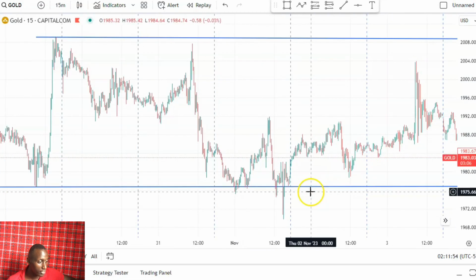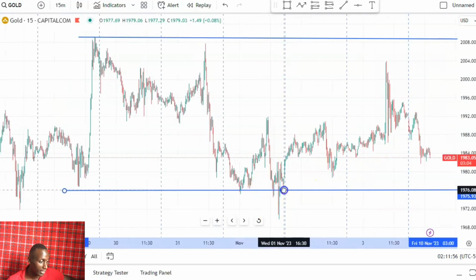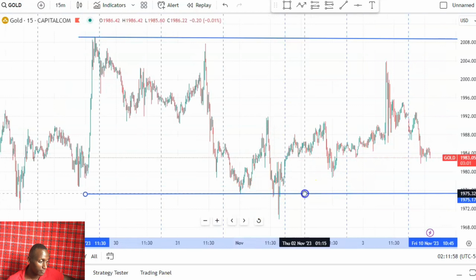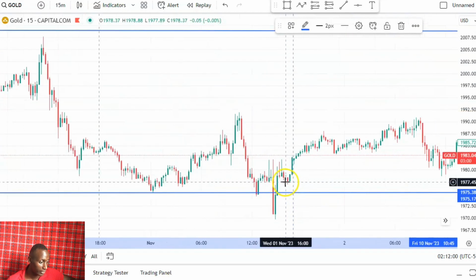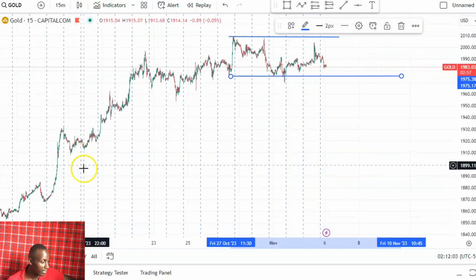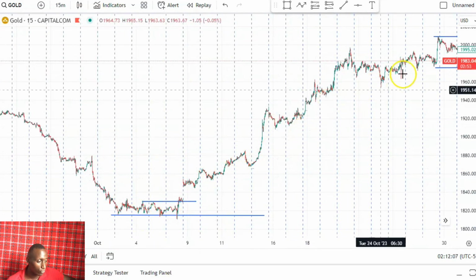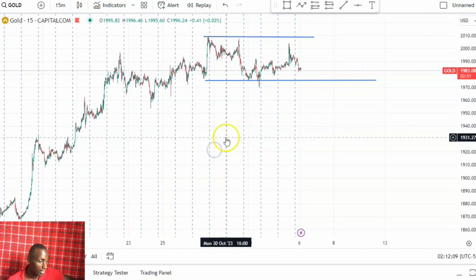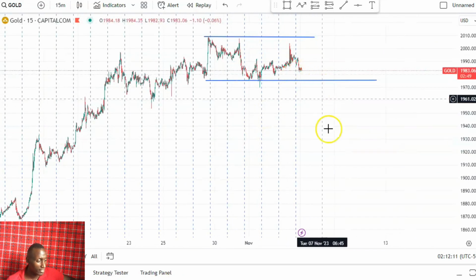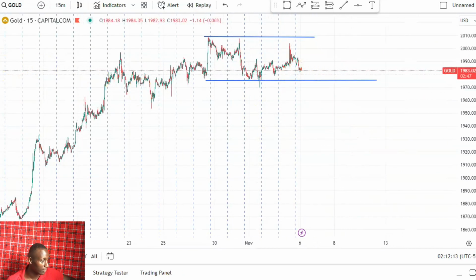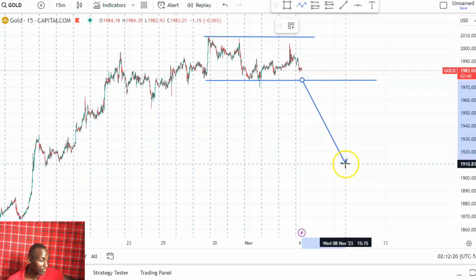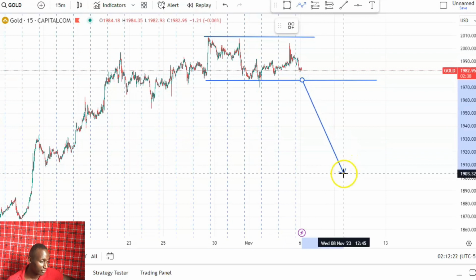Now on Wednesday we did break out, so we had a break in structure to the downside, but it was a failed breakout. Keeping in mind that we have been on this uptrend for quite a while, my thesis is that we might see some retracement down to this level here, maybe half or maybe a full reversal.